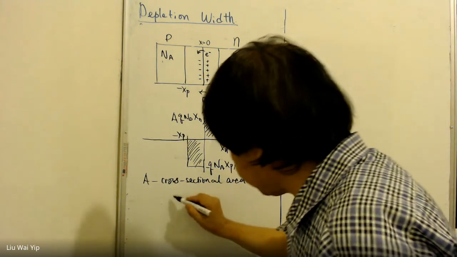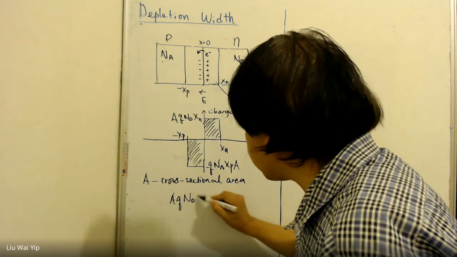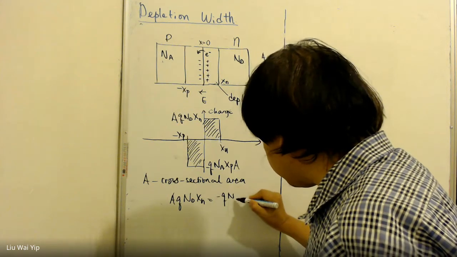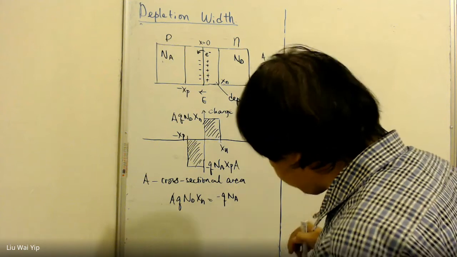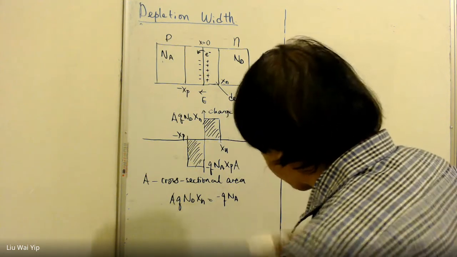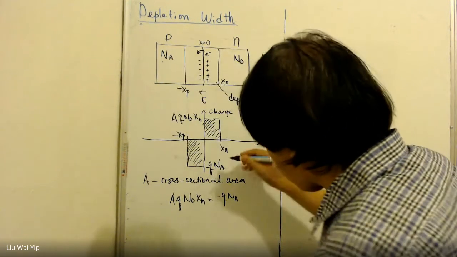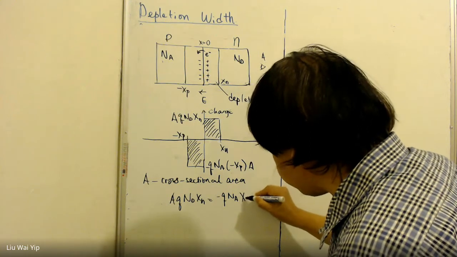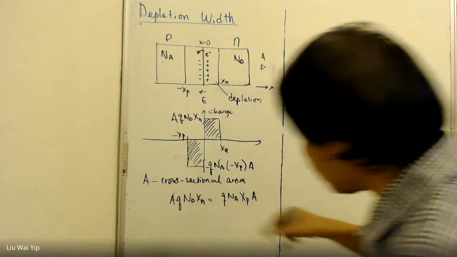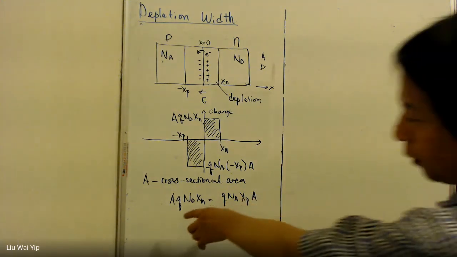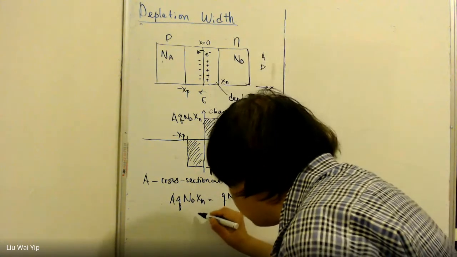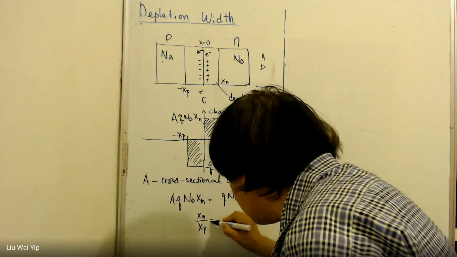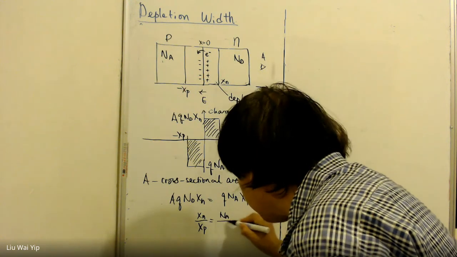Accordingly, we have this equation, with xp and xn. If you summarize this formula, you should end up with xn divided by xp being equal to Na divided by Nd.